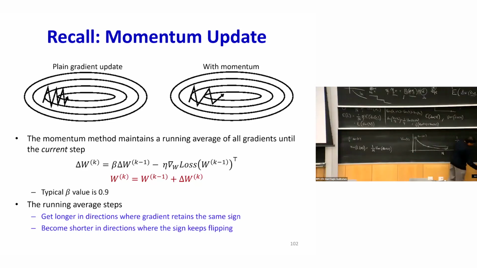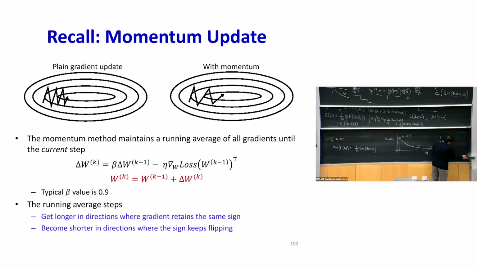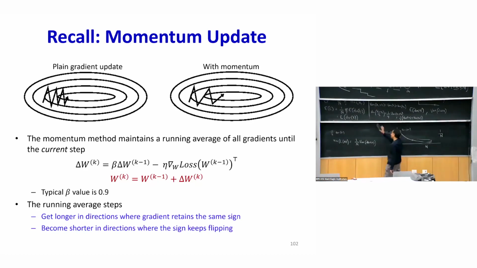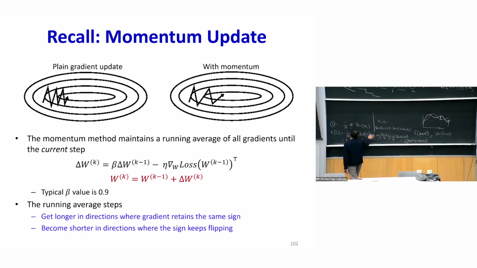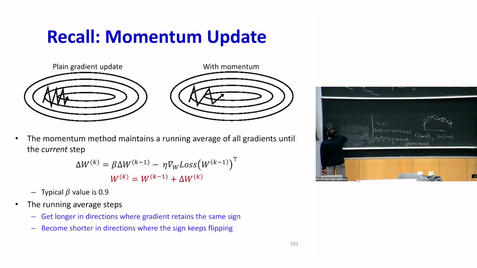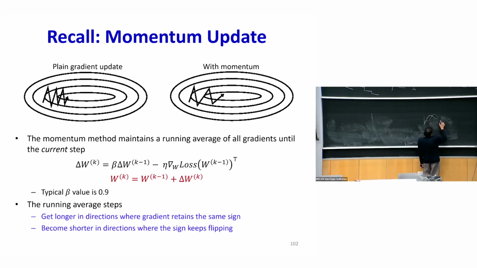What happens is because your mini batches are changing from iteration to iteration, each time you pass through the data, you're working on a different mini batch, a different sample.